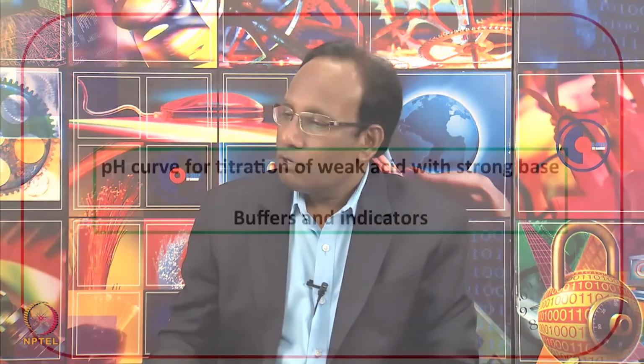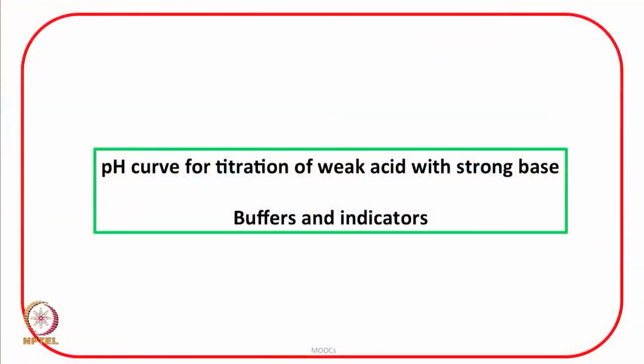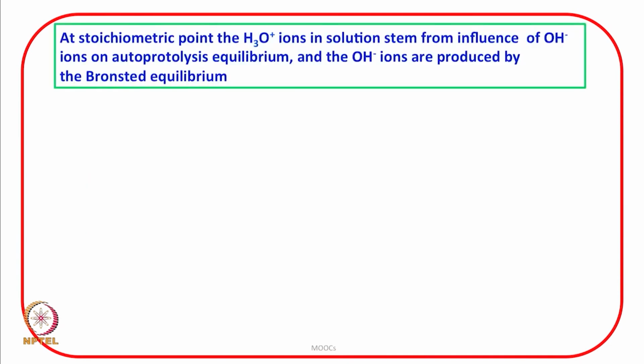Let us start discussing the pH curve for titration of a weak acid with a strong base. Now, at the stoichiometric point, the hydronium ions in solution stem from the influence of OH ions on the autoprotolysis equilibrium, and OH ions are produced by the Bronsted equilibrium.